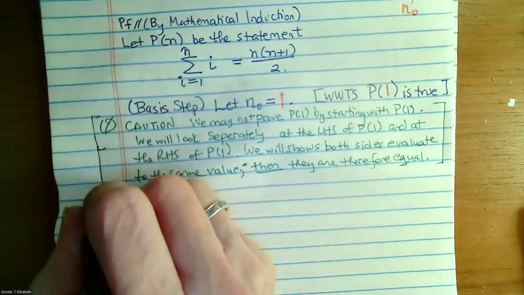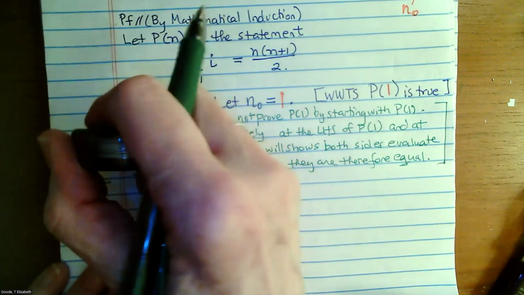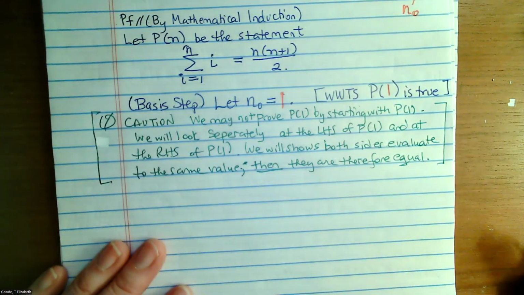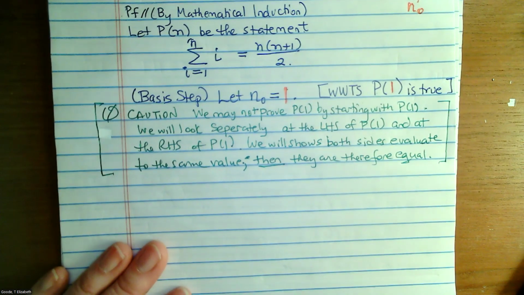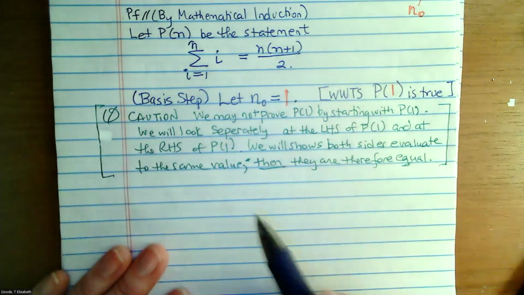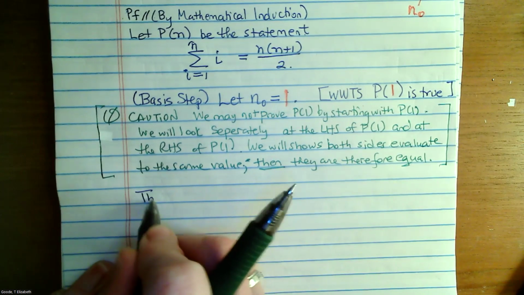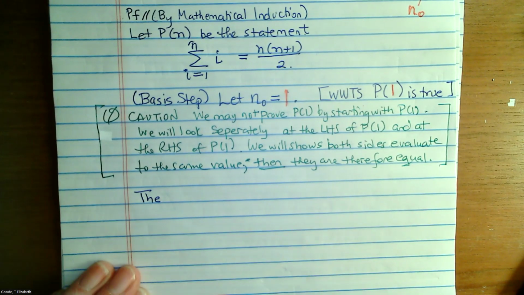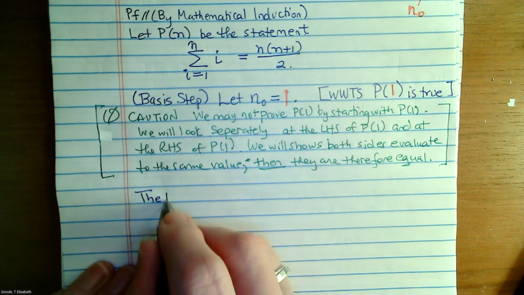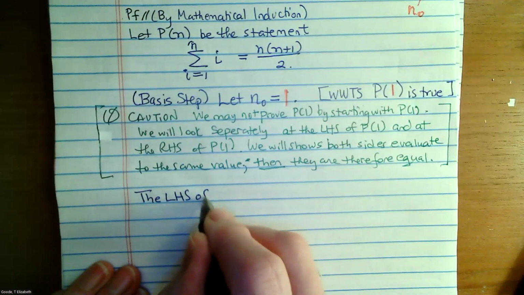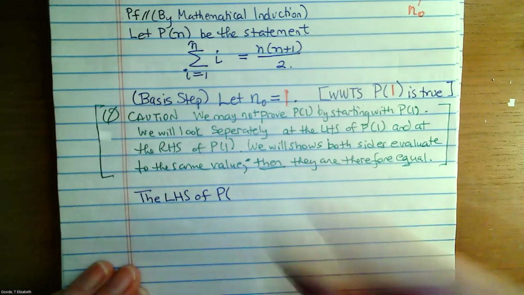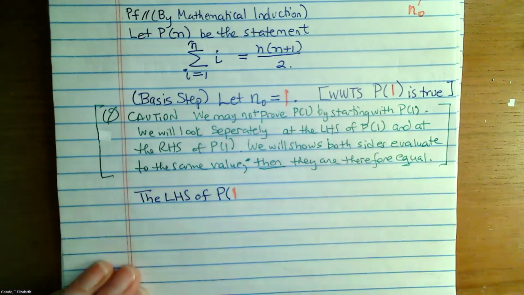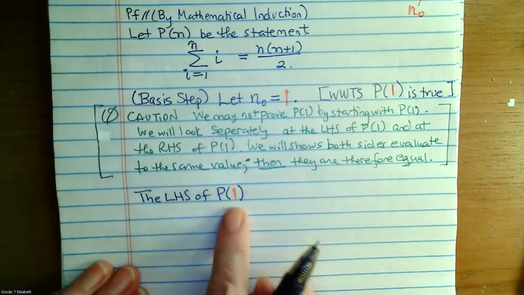Okay, so this is a big thinking note. All right, let's do it. And I'm going to try to use some color coding. All right, the left-hand side of P of 1. Let's look at that. I'll put the 1 in red just to emphasize that we're looking at P of 1.